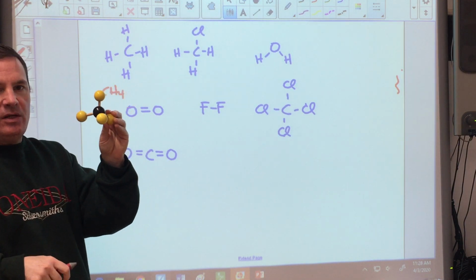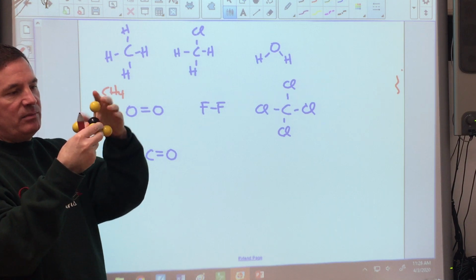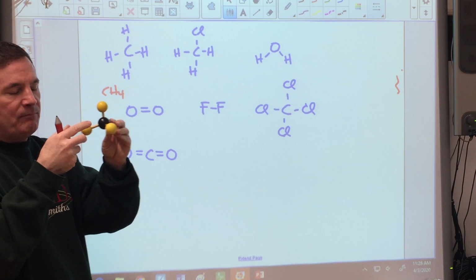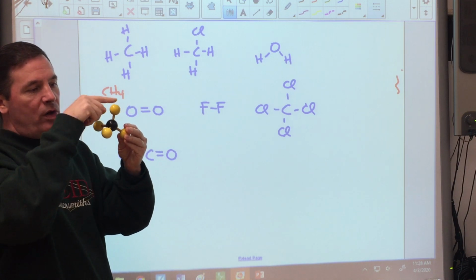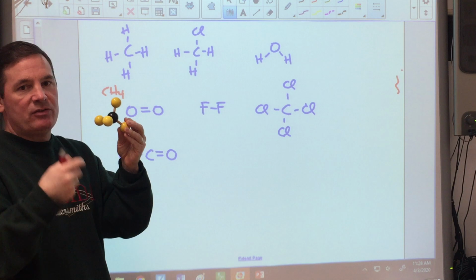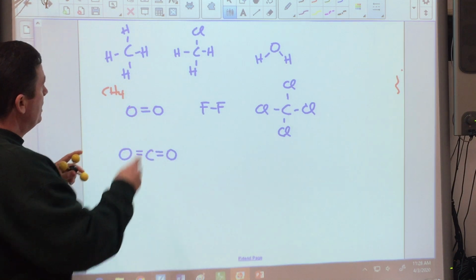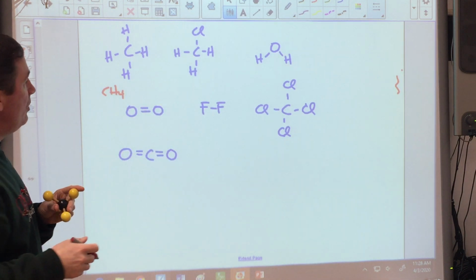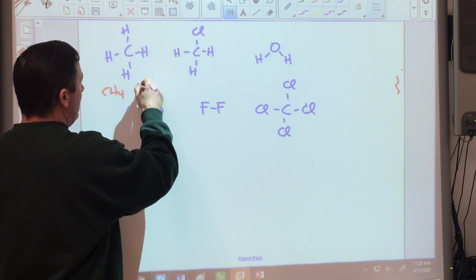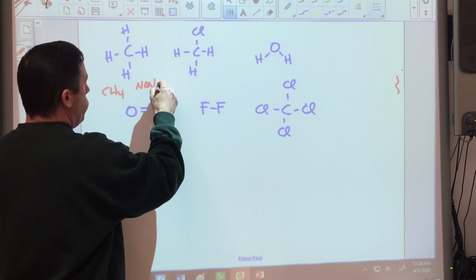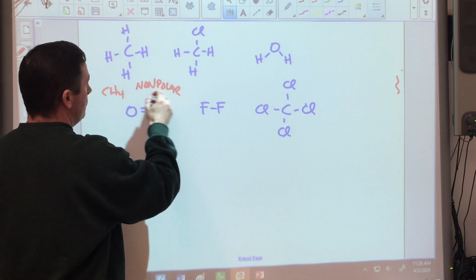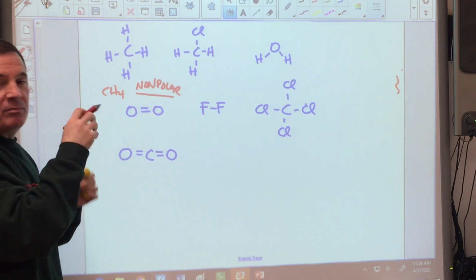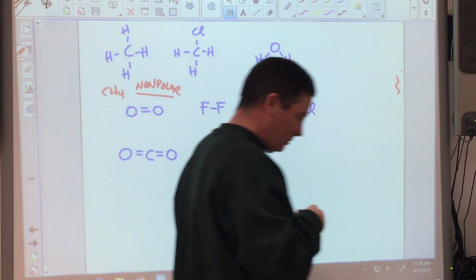Because of that, each of these hydrogen atoms is going to pull on the electron that's attached to the carbon equally. So not one of these hydrogens is going to pull the electrons more than another. So because we have the same kinds of atoms and they have the same pull, this is nonpolar. One area doesn't pull on the electrons more than another.